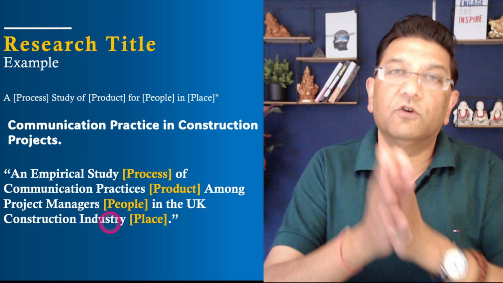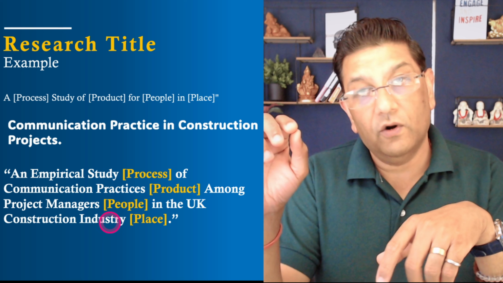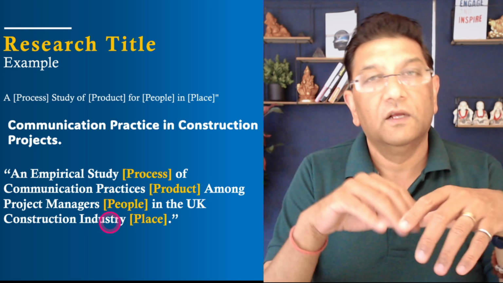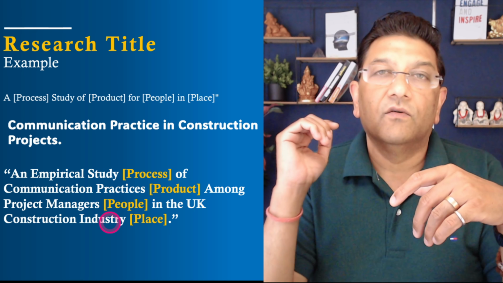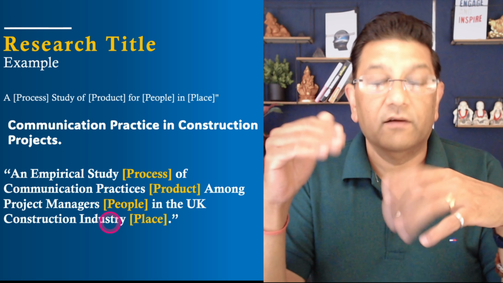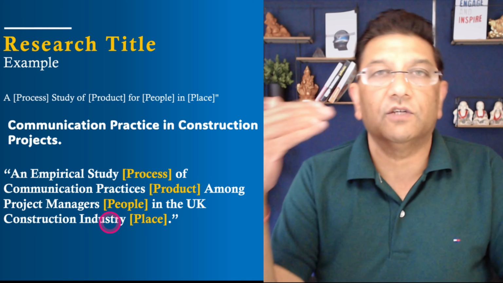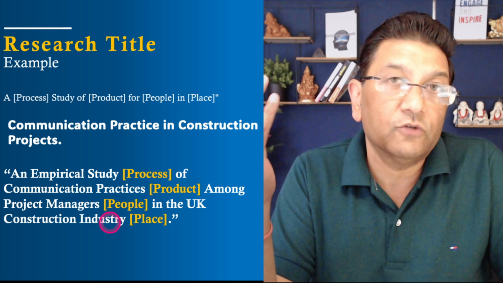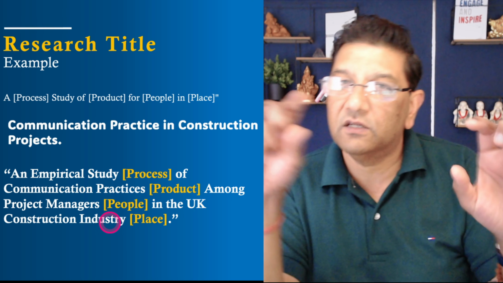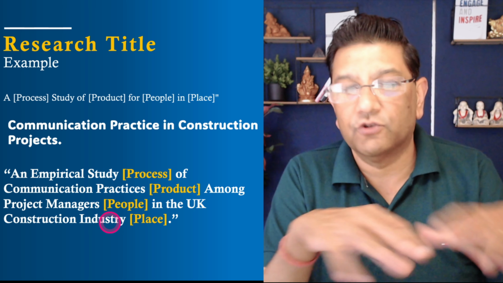You can be more specific: the UK construction industry for residential construction, or residential construction with multi-story buildings higher than 50 meters. In that case, the title will be slightly longer. You can talk about that in your scope as well.